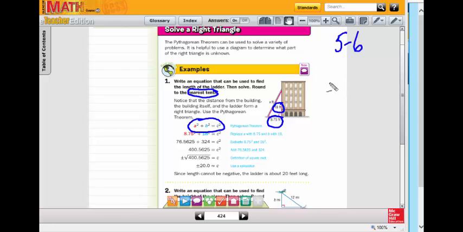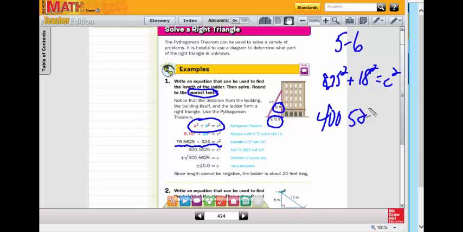So we have a squared plus b squared equals c squared. Well, that would be 8.75 squared plus 18 squared is going to equal c squared. So we're going to calculate both of these numbers, and we end up with a total of 400.5625.